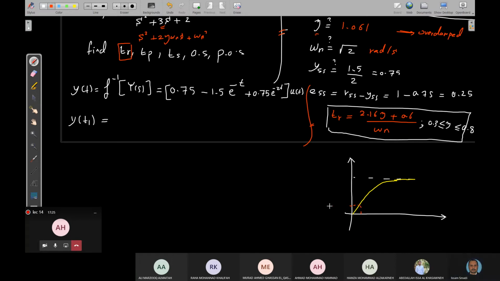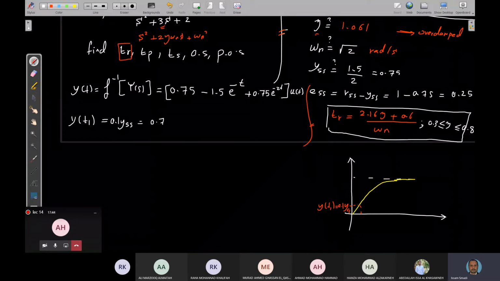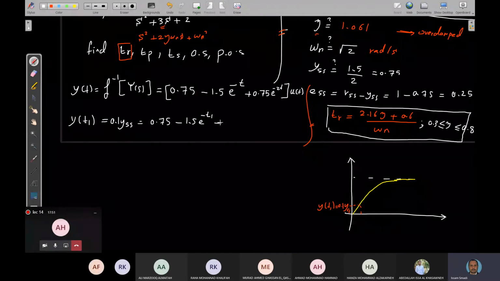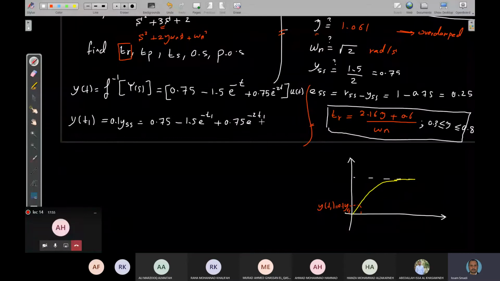So y at t1 equal to what? 0.1 y steady state. So this will equal 0.1 y steady state, which will equal, now I will evaluate, 0.75 minus 1.5 exponential of minus t1 plus 0.75 exponential of minus 2 t1.